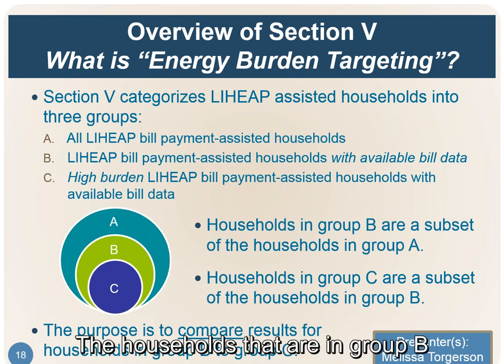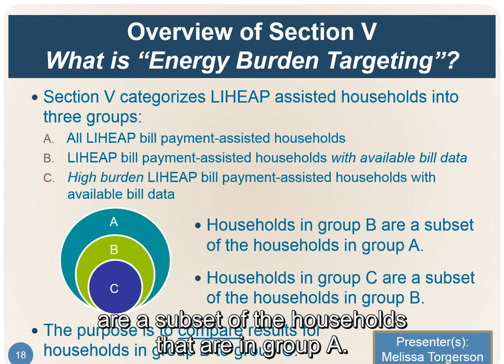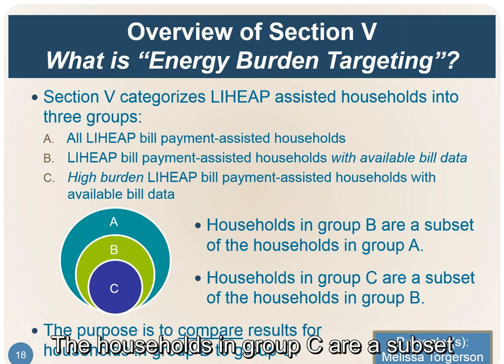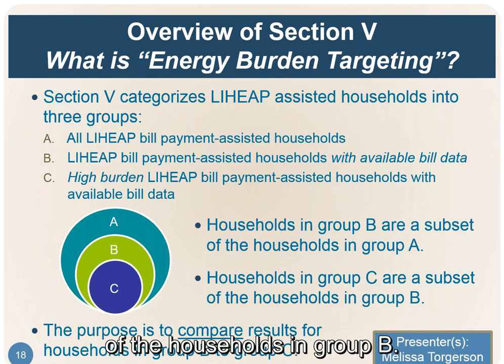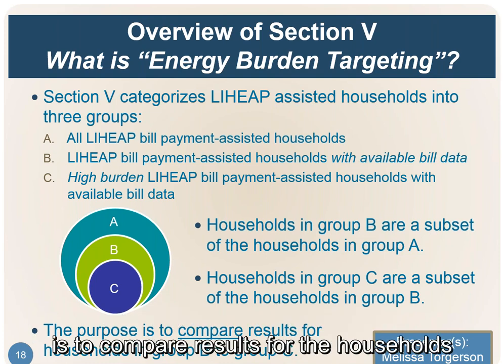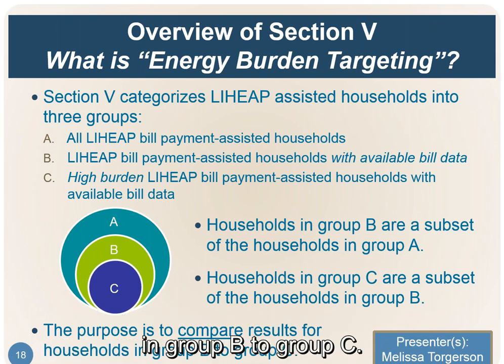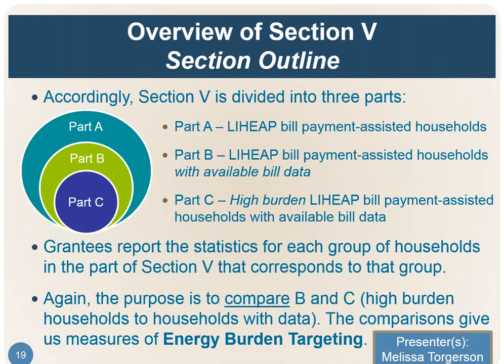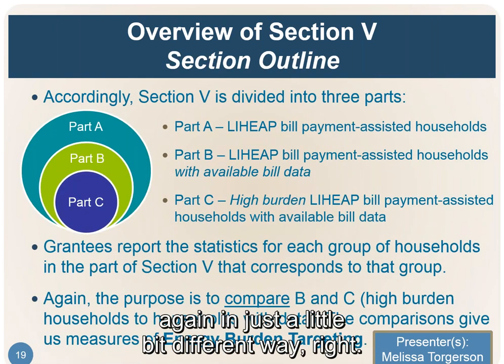The households in Group B are a subset of the households in Group A. The households in Group C are a subset of the households in Group B. And the whole purpose of our energy burden targeting index is to compare results for the households in Group B to Group C.